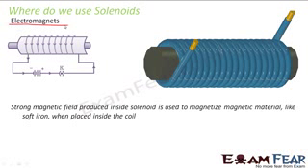This strong magnetic field produced inside the solenoid is used to magnetize magnetic material like soft iron when placed inside the coil. For example, you have this material, soft iron. You put this material inside this solenoid. Since inside the solenoid you have a very strong magnetic field, this material gets magnetized.